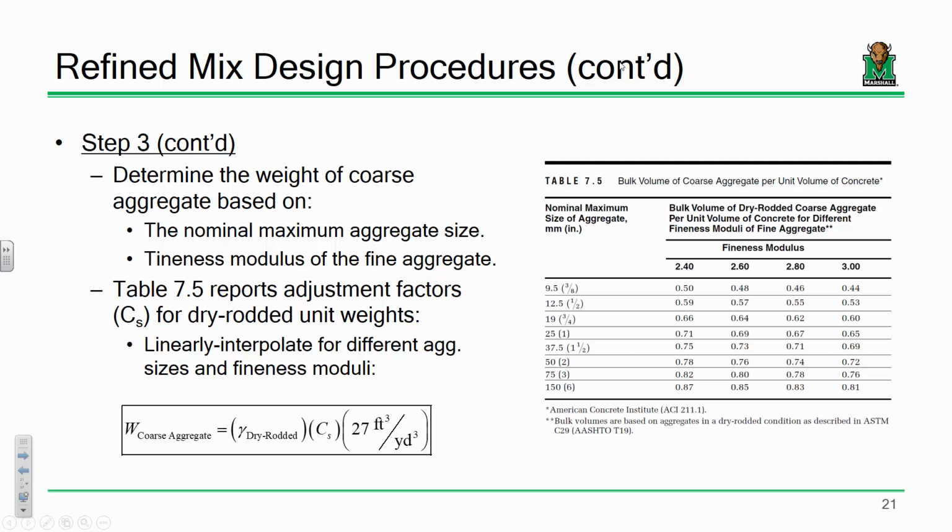So if you have a fineness modulus of, let's say, 2.7, we've got values for 2.6 and 2.8, linearly interpolate. Sound good? The value that you're looking up in this table, we call that C sub S. So you take your unit weight, adjust it for cubic yards, and adjust it by the C sub S term. That'll give you how much coarse aggregate needs to go in a cubic yard. Everybody good so far?